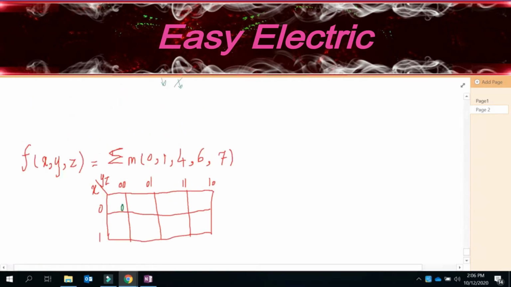It is actually good to add a title here: K-map for function with 3 variables.